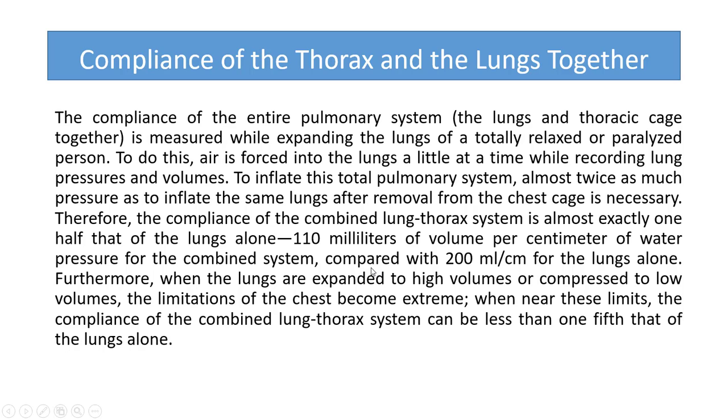The compliance of the thorax and the lung together, the entire pulmonary system, that is lung and thoracic cage, is measured while expanding the lungs of a totally relaxed or paralyzed person. To do this, air is forced into the lungs a little at a time while recording lung pressure and volumes. To inflate this total pulmonary system, almost twice as much pressure as to inflate the same lungs after removal from the chest cage is necessary.